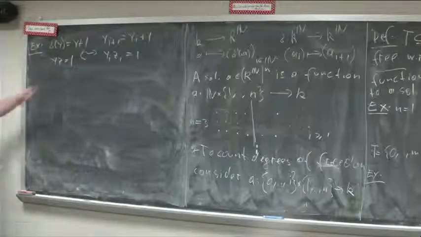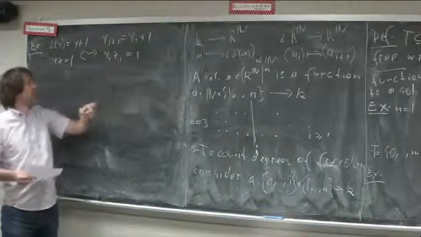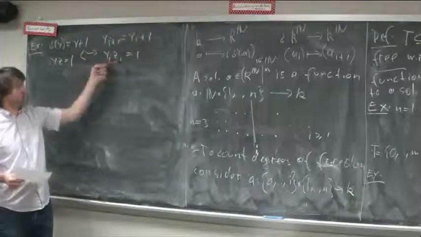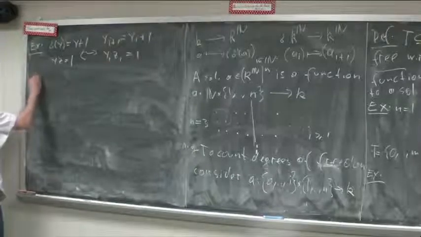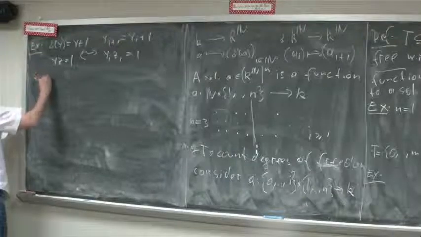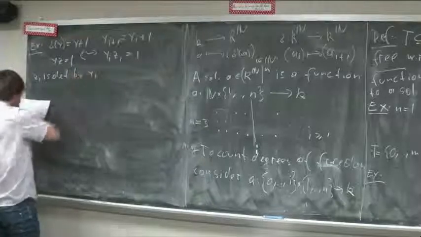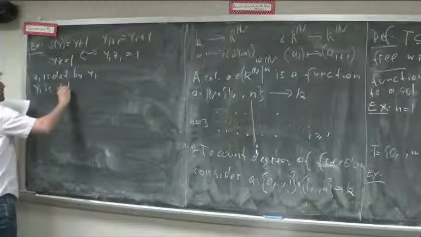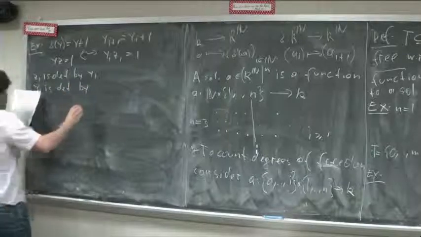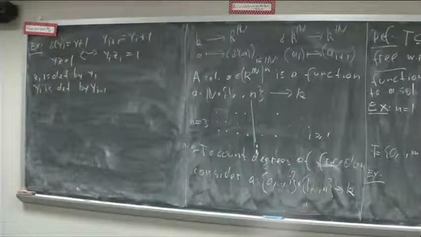Now it's clear that yi is determined by yi minus 1, and ci is determined by yi, so there's almost no choice here. So we see, in fact, everything is determined by y0.